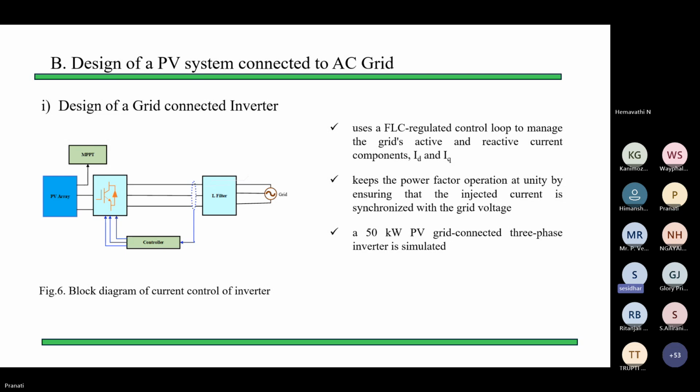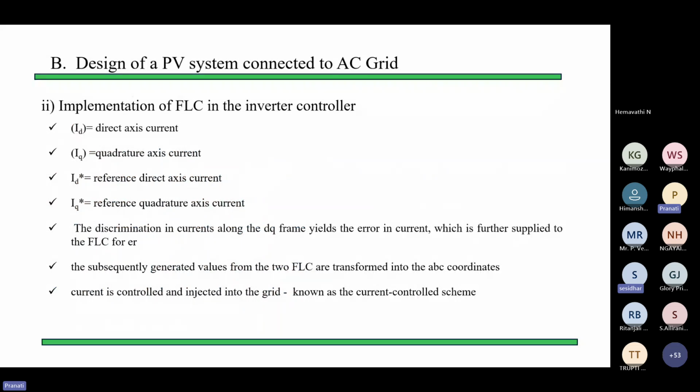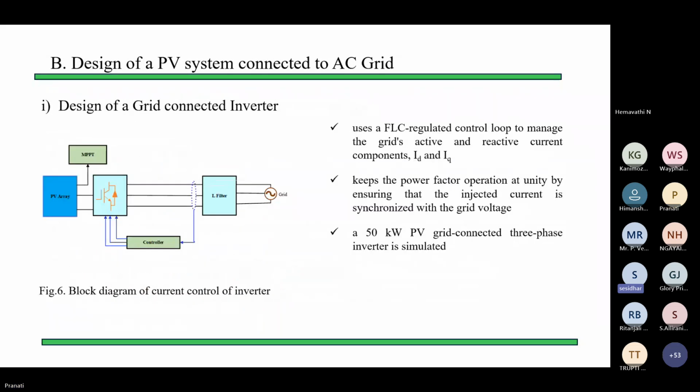Now, ABC coordinates we have, I will show while telling you the diagram. Now, it gives unity power factor operation. That is, voltage and current are in phase with each other. The injected current is synchronized with the grid voltage.